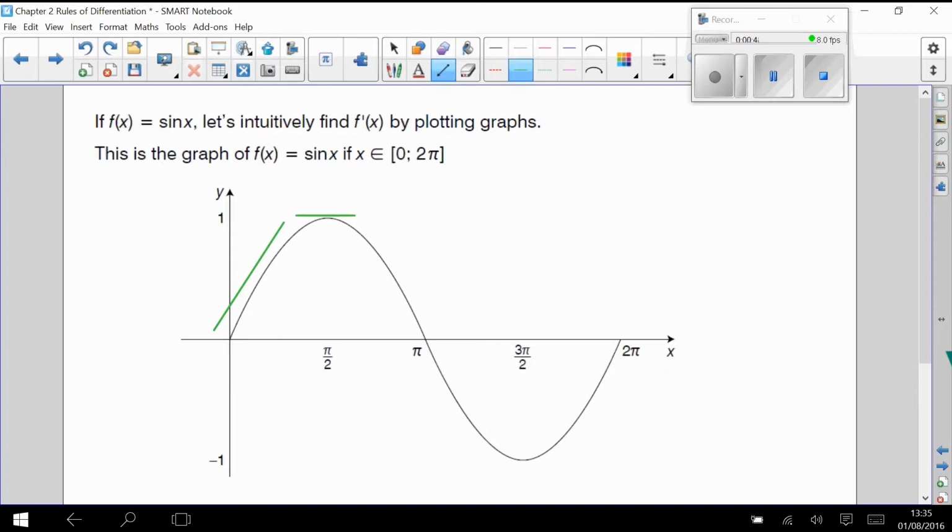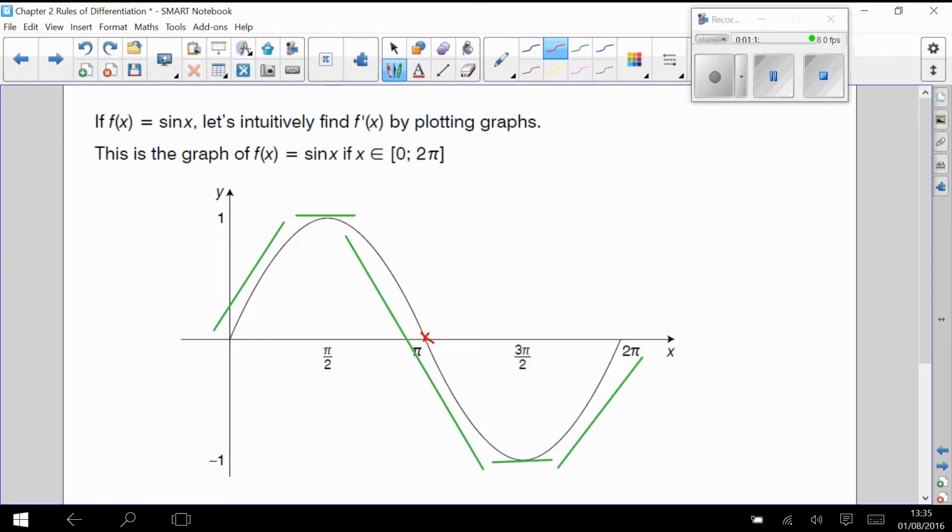Then my gradient decreases all the way till when x is 3 pi all over 2, where once again I have a 0 gradient. And lastly, my gradient is increasing from 3 pi over 2 up until 2 pi. Also, in addition to this, I have a change in concavity, and this happens exactly when x is pi.